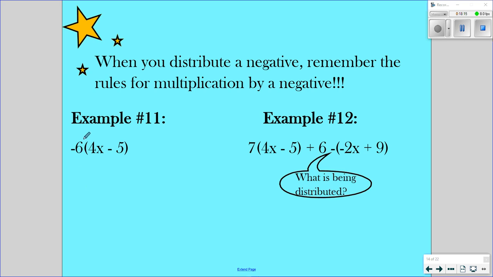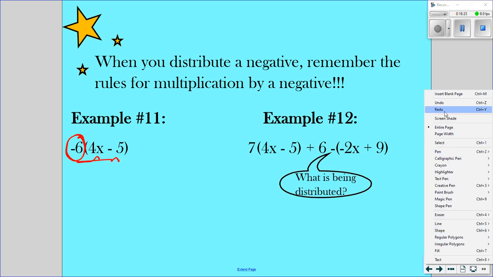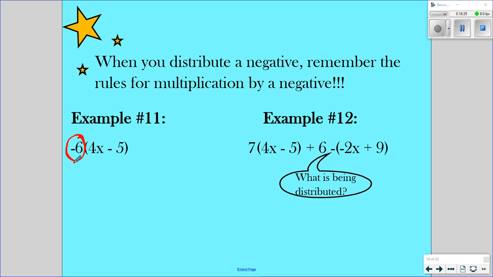So we're taking this whole thing and multiplying it to each term. Notice that negative in front of that 5 belongs to that 5. So we're going to have negative 24x, and this will be positive, because negative times negative gives you positive, and then that's our answer.